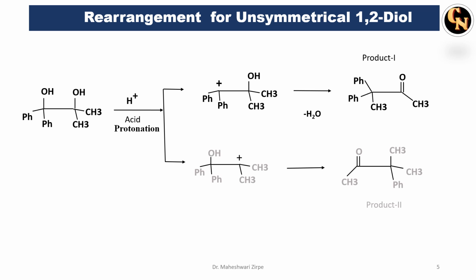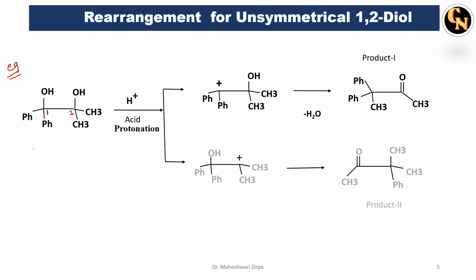What do you mean by an unsymmetrical 1,2 diol? An unsymmetrical 1,2 diol means that the first and second carbon which carry OH groups have different groups attached to them. For example, here you can see the example shown on the screen. This is the first carbon which carries an OH group, and this is the second carbon which carries an OH group.